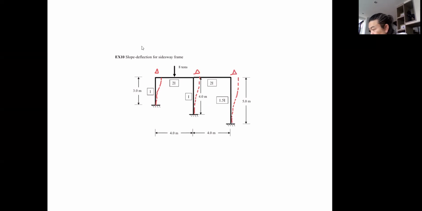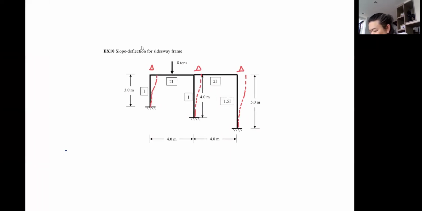Okay, and so for step number 0, for your unknowns, say let's give this structure some name. Okay, so I'm just going to call this A, B, C, D, E, F. Okay, now we can say we have 4 unknowns.